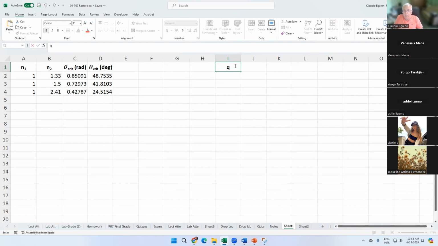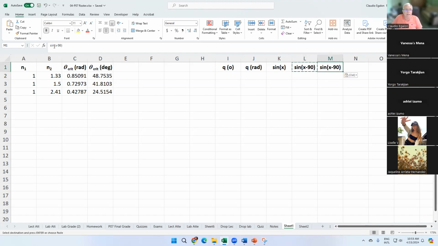Theta in degrees, theta in radians, and then sine of x, then sine of x minus 90 degrees, and sine of x plus 90 degrees. I'm going to put this one here that's leading, which is the case of the capacitor.